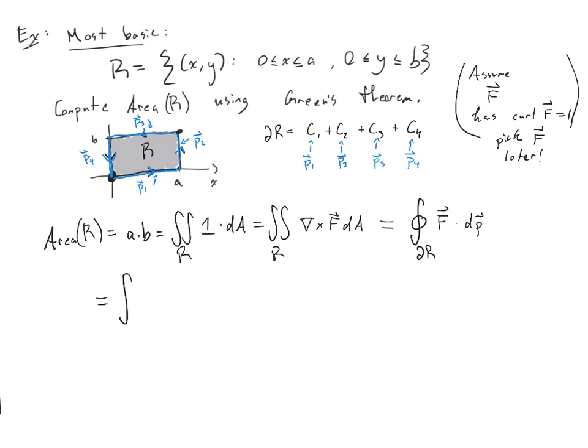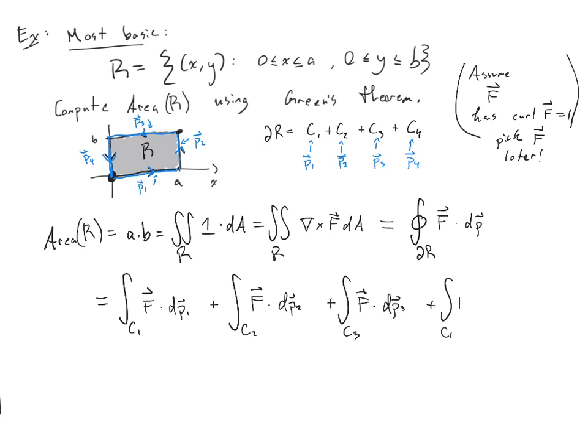So that is the integral over C1 of f dot dp1 plus the integral over C2 of f dot dp2 plus the integral over C3 plus the integral over C4 of f dot dp4.